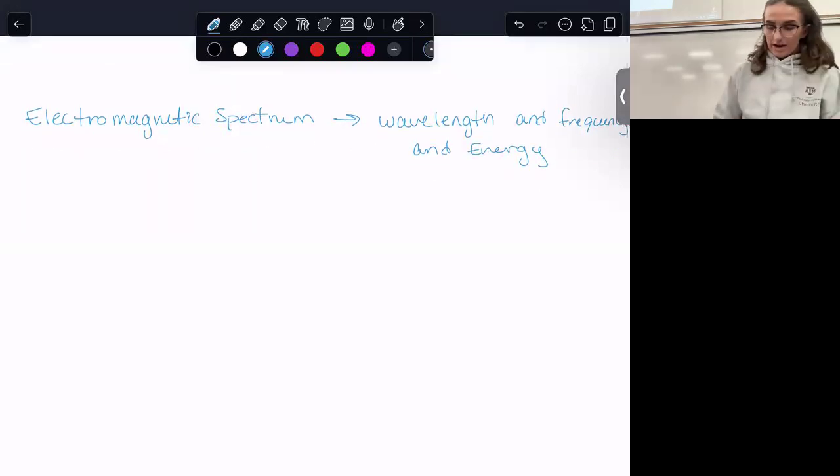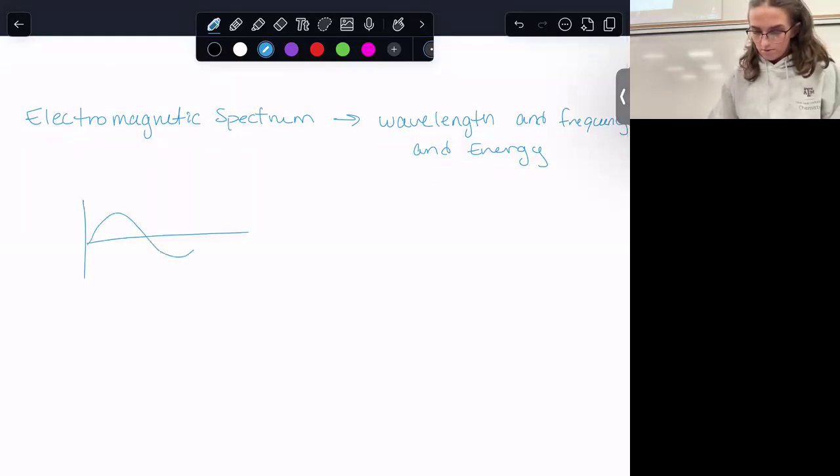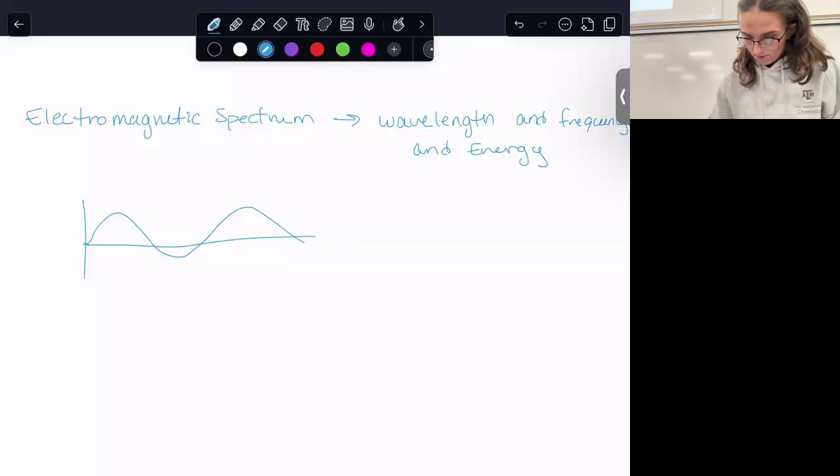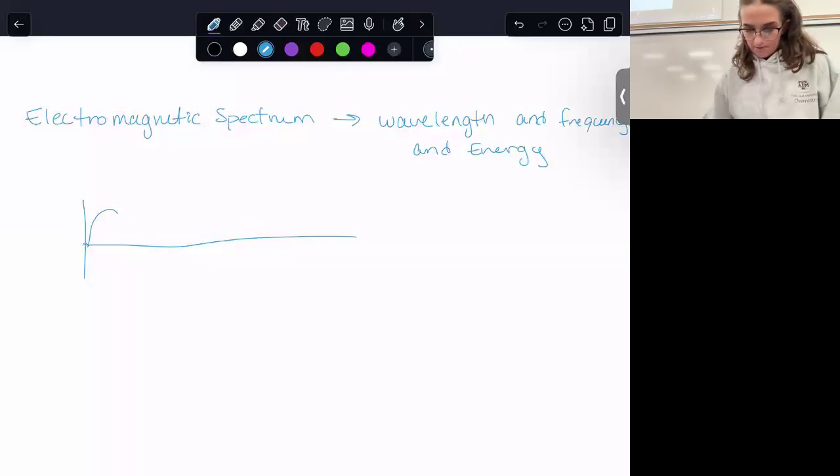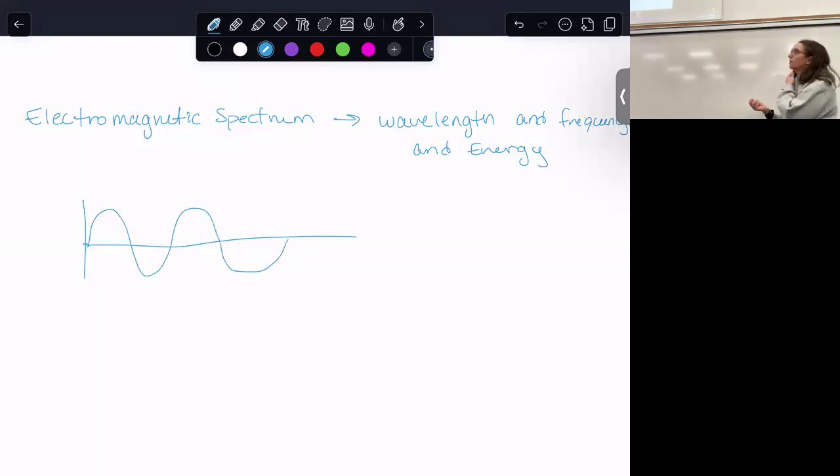So if we look at a wave, the wavelength is going to be the point from a node to a peak to a trough and then back to a node.